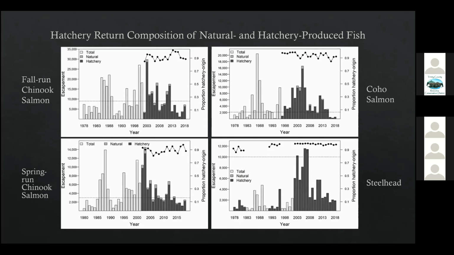Escapement targets for returns of hatchery origin fall and spring run Chinook salmon to the Trinity River Hatchery have been met in six or 7 times respectively for those 2 runs since 2002. And the targets for coho salmon have been met 17 times since 1997. In contrast, the hatchery target for steelhead has only been met 3 of 27 years in which data are available.